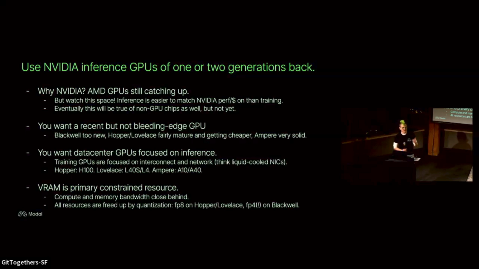And then you'll find compute and memory bandwidth, like how fast can you move through numbers and how fast can you get things out of memory and into the compute units, are kind of close behind as constraints. I'll talk more about this in a second, but all of these resources are freed up by quantization.